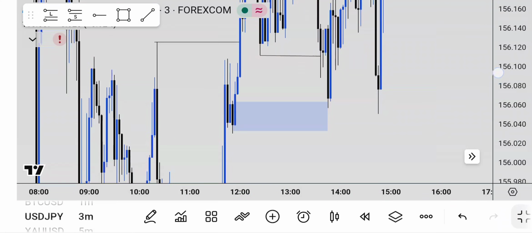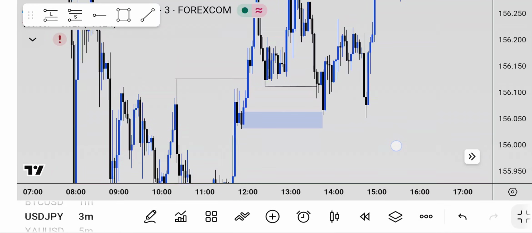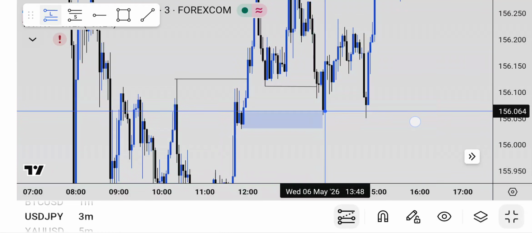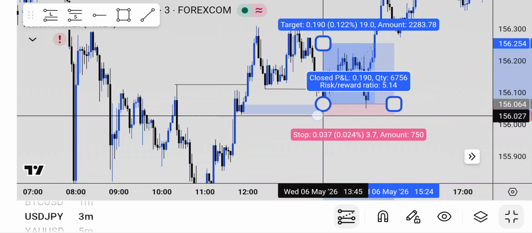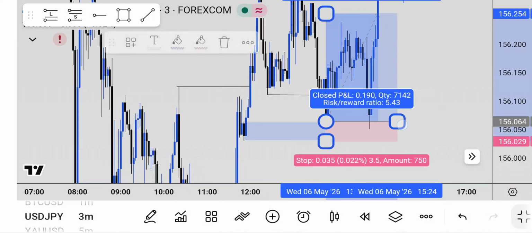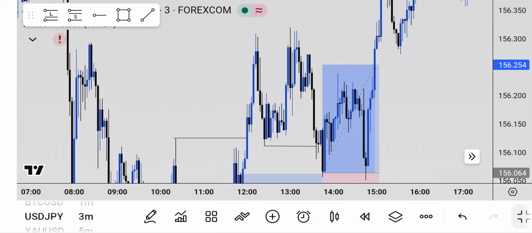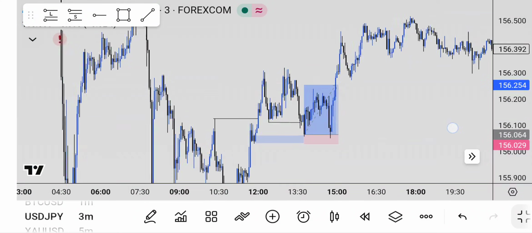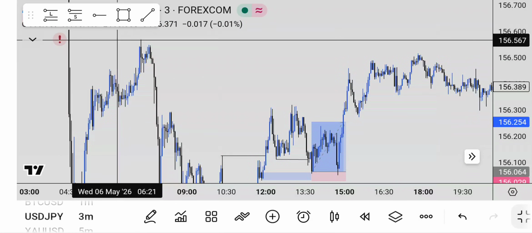Now that I found my POI, I place my buy entry, and put my stop loss below or at the same level as my POI. Mind you, some people exit so early, or some people will extend their take profit to this level because it's the next possible zone.